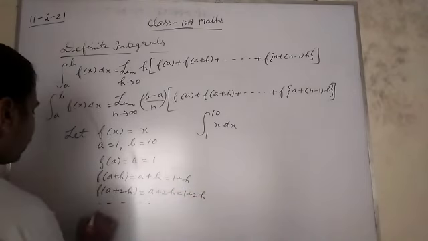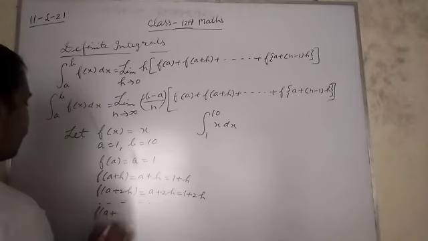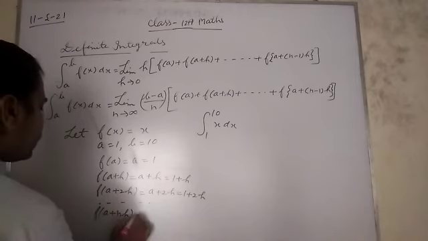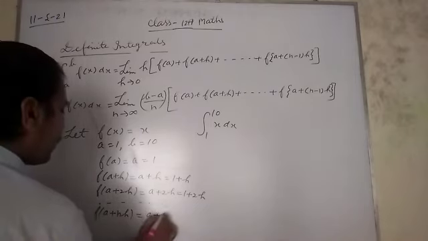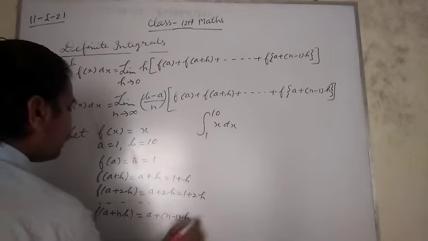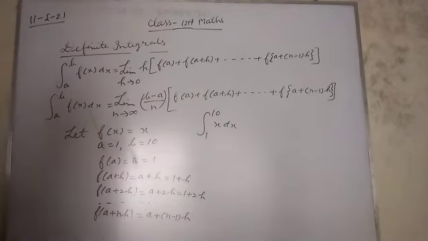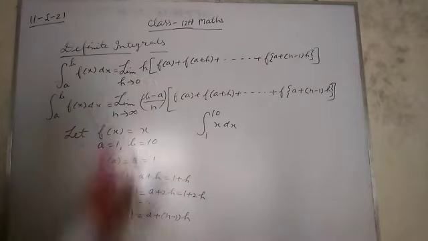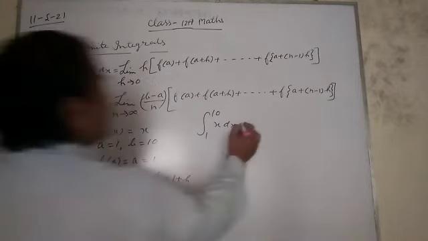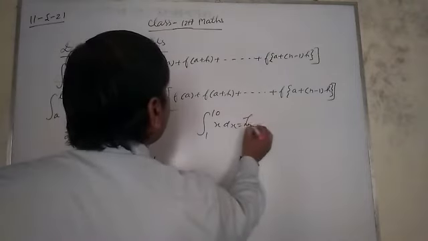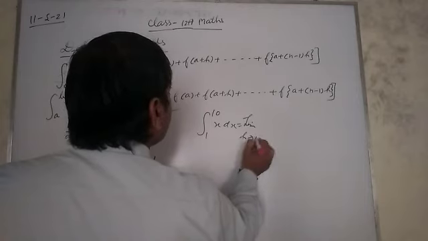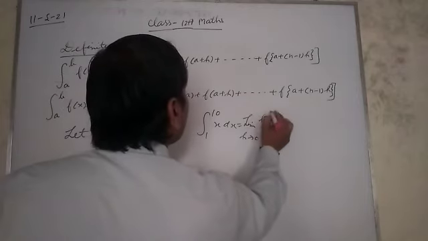Then dot dot f(a plus (n minus 1) h). Clear? Then putting here, by this way we can write limit h tends to 0, h.